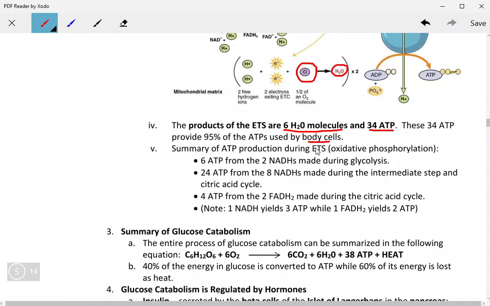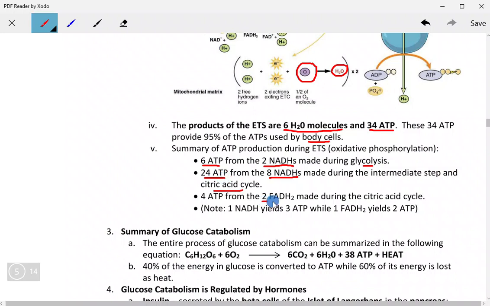Now you're probably thinking, how did we calculate all of this to come up with the ATP molecules? Well, remember, we had two NADH molecules from glycolysis. That gives us 6 ATP. We had 8 NADH molecules coming out of the citric acid cycle. That gives us 24 ATP.